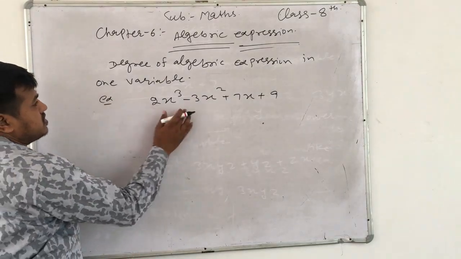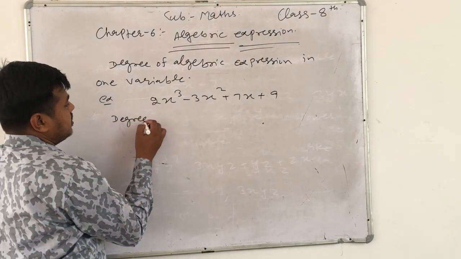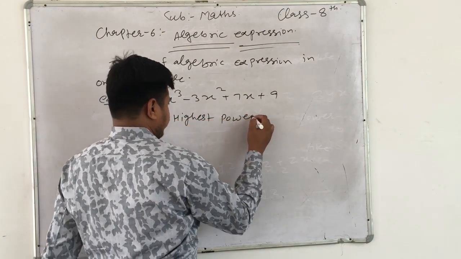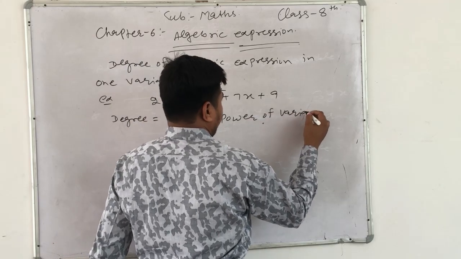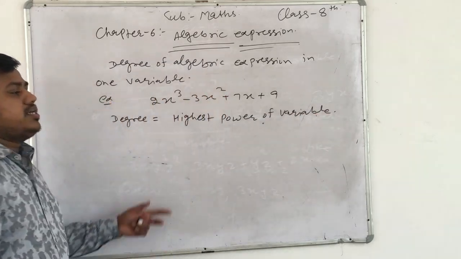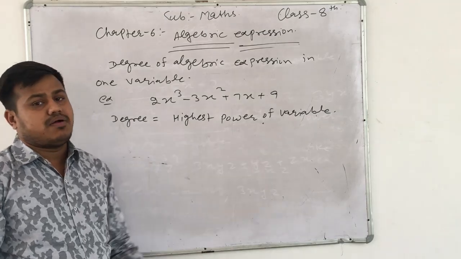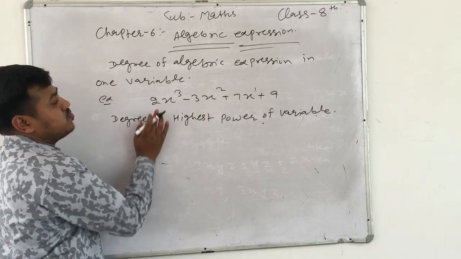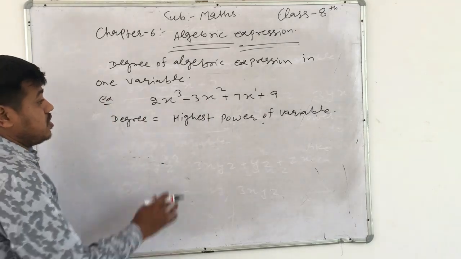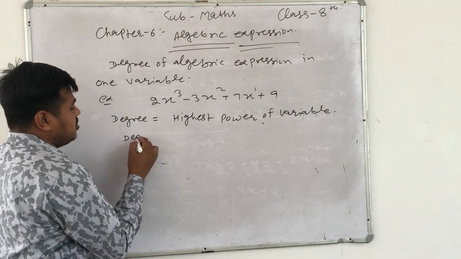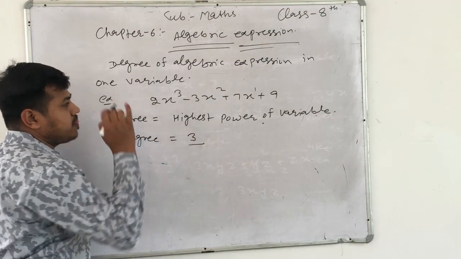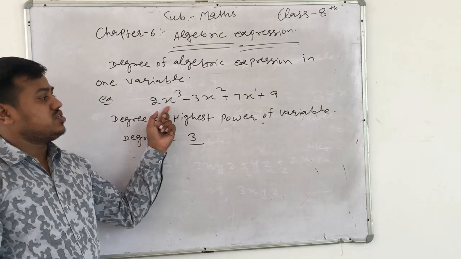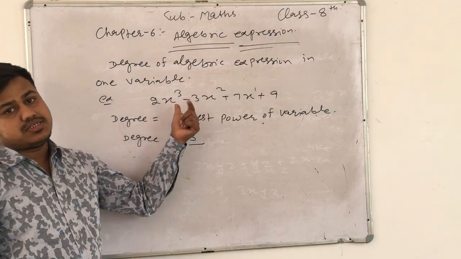The degree of this expression is equal to the highest power of variable, we can say the maximum power of variable. Here the power of x is 1, here the power of x is 2, here the power of x is 3. So the highest power is 3. So the degree is equal to 3. How much is the degree of this algebraic expression? 3, because the highest power of variable is 3.